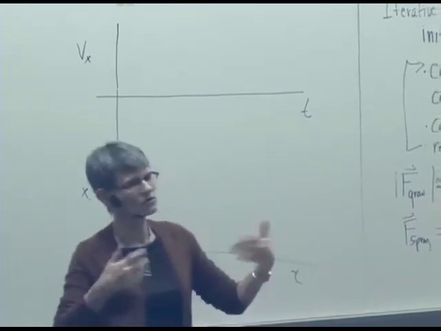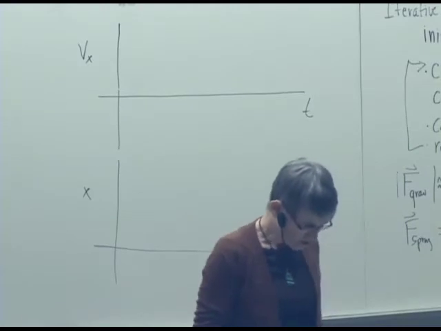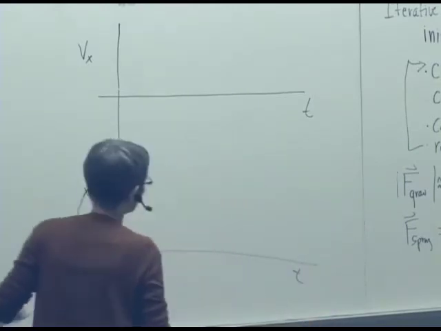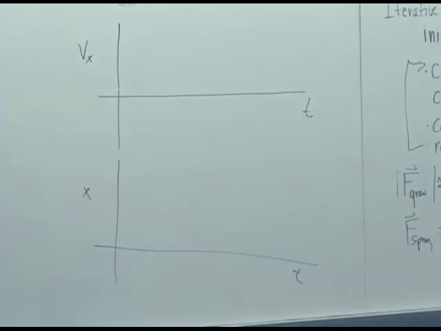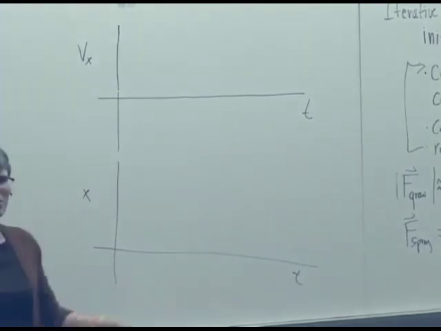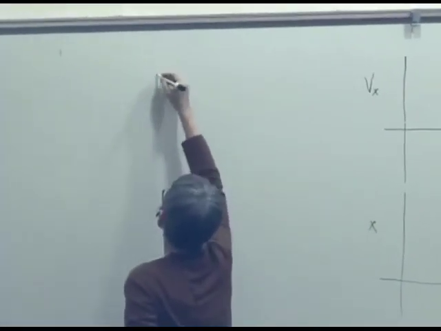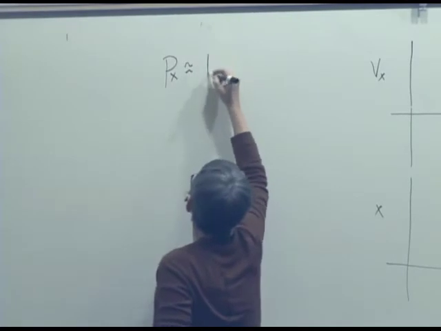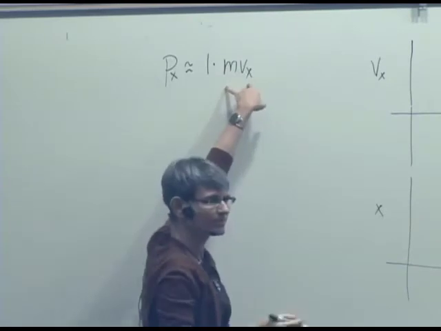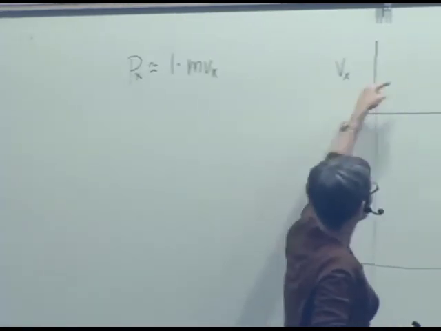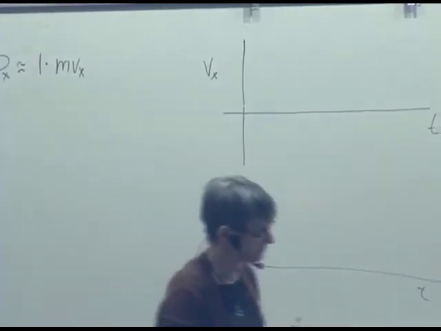And then I think you'll have a chance to do this in lab with similar equipment in coming weeks. Here, because this thing is clearly traveling much slower than 10 to the 8th meters per second, the x component of momentum is, to a very good approximation, with gamma equal to 1, 1 times m v sub x. So for the x component of momentum and the x component of velocity, you're going to get the same shape graph, just a different constant.